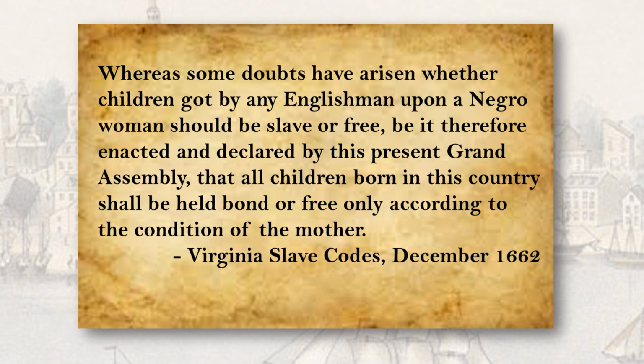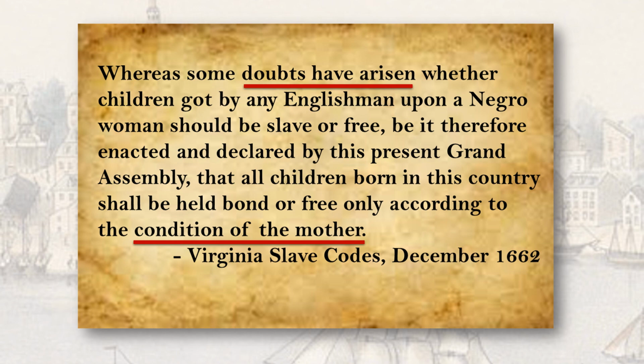There are some things I want you to note about this document. The first is that doubts have arisen. And remember, I told you that laws are typically going to be reactionary rather than proactive. Usually laws are responding to something that is happening, or some question that is out there. This is certainly one of those occasions. Doubts have arisen. People are wondering.